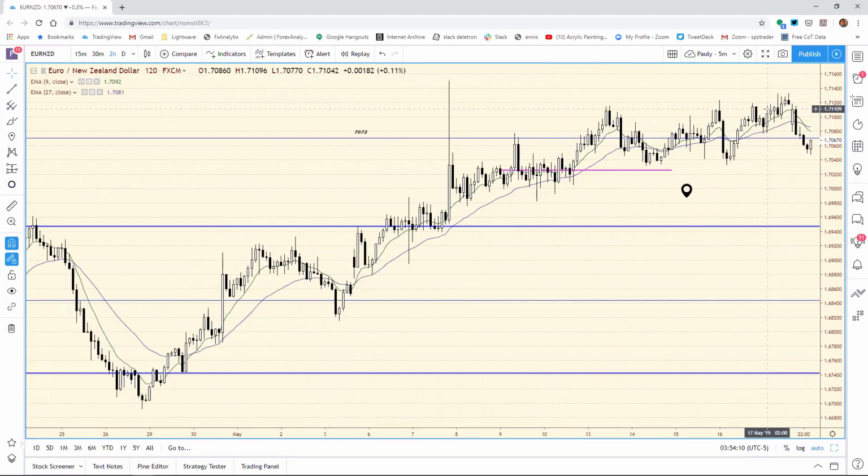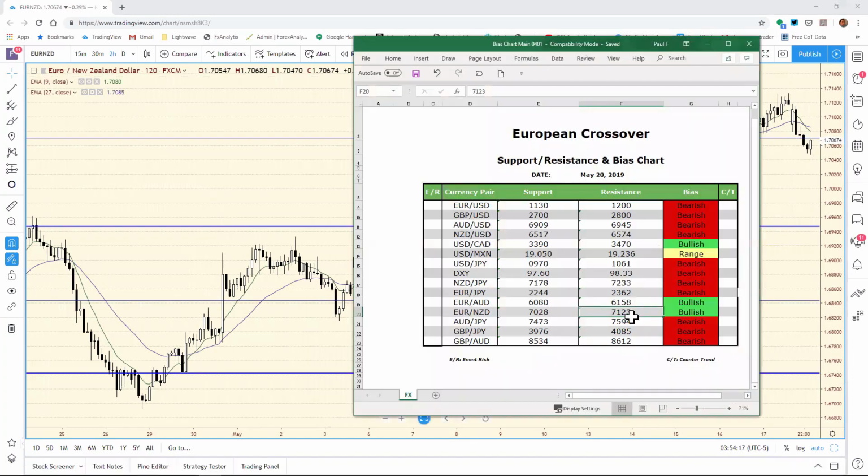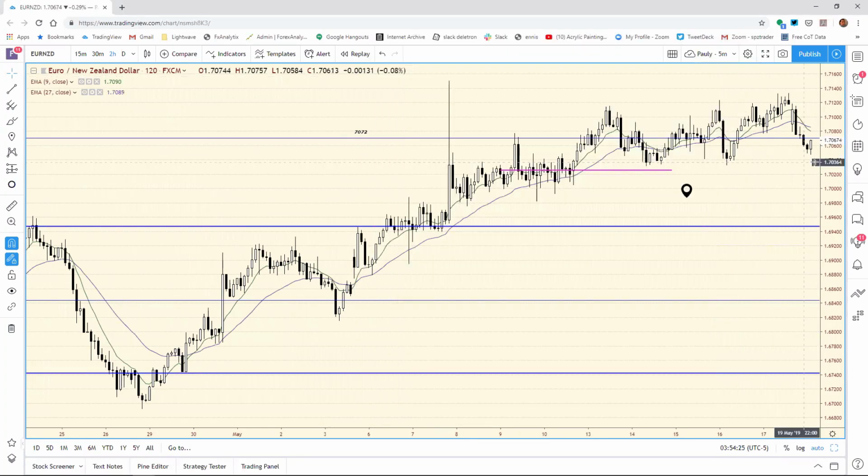We go with resistance right there, that little gap there, 71.11. And support comes in right there, 70.25.